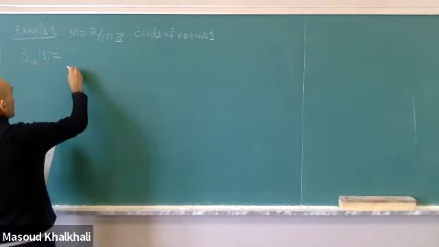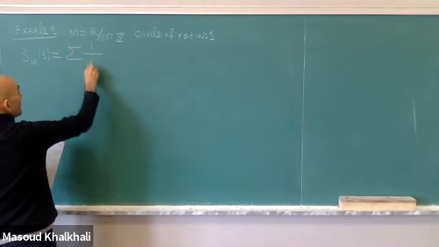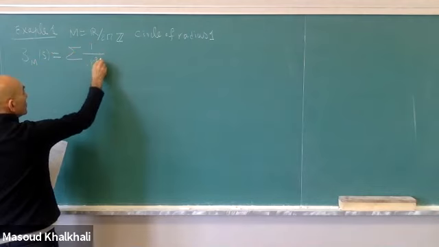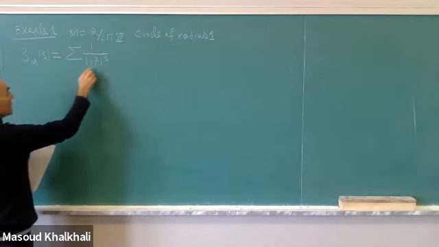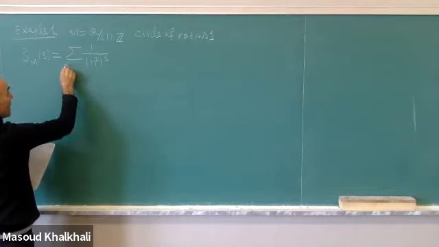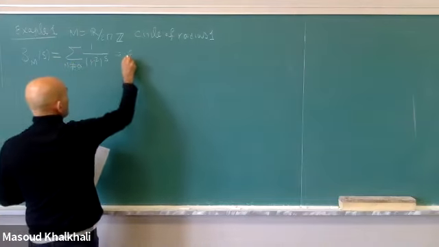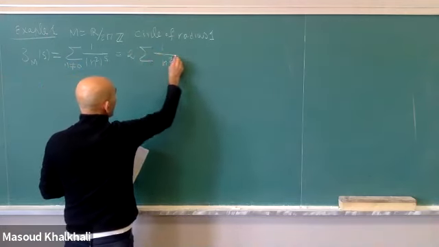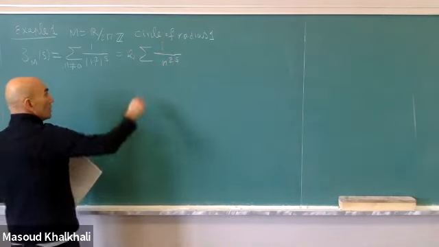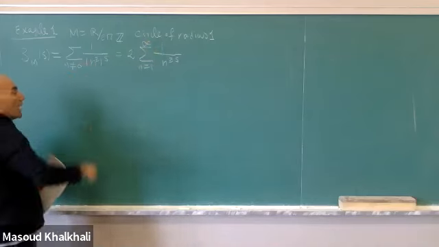So in this case, zeta M, as we calculated, is equal to, all right, the sum of 1 over n to the power 2, n squared to the power s, with n different from 0. So I can write it as twice the sum of 1 over n to the power 2s, n from 1 to infinity, because of the symmetry n to minus n.